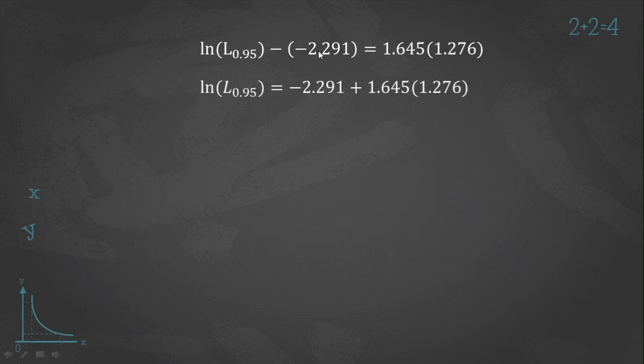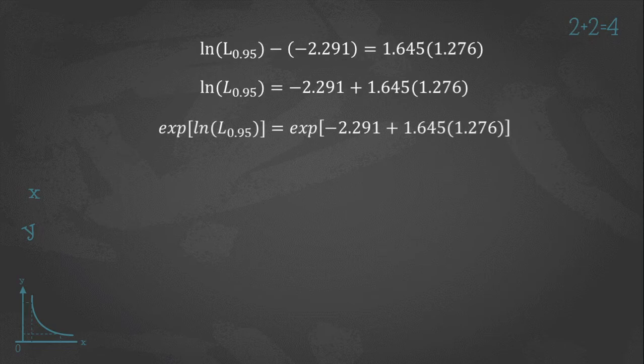We will get ln of L subscript 0.95 equal to negative 2.291 plus 1.645 times 1.276. So, kunin natin yung exponential both sides.